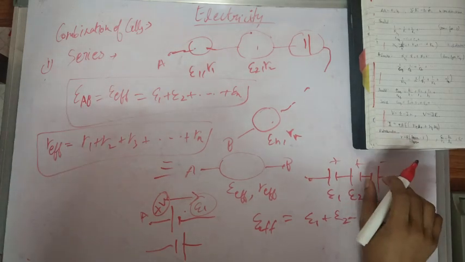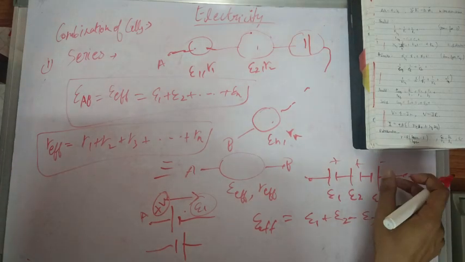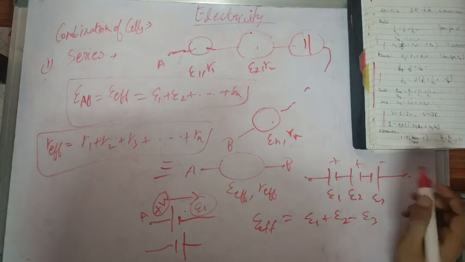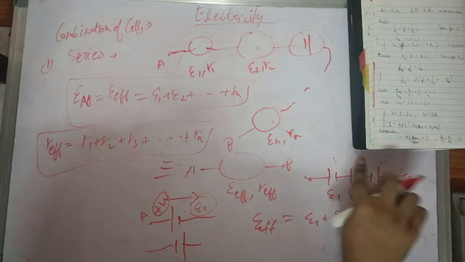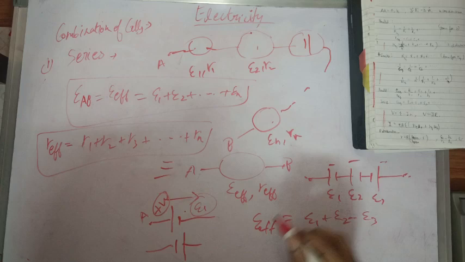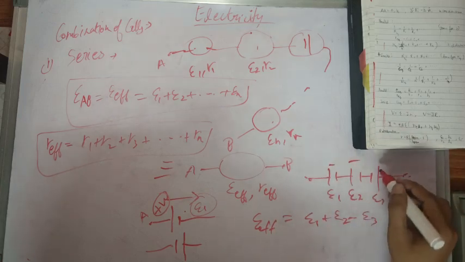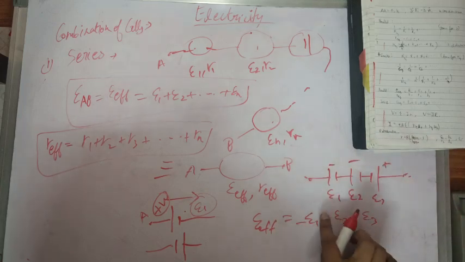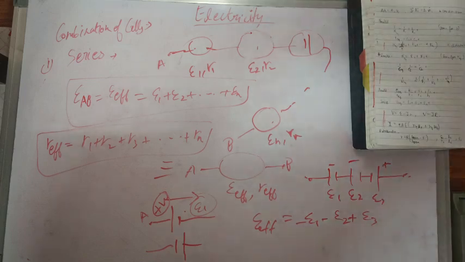Means if this is connected in the opposite manner, then it will be taken as negative. And if I take this as negative, this will become negative, and this will become positive. So I will write it as negative, negative and positive.